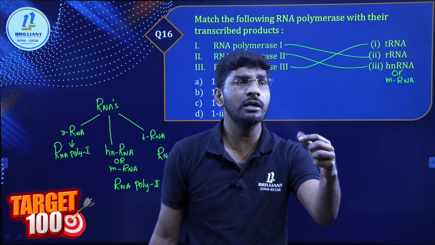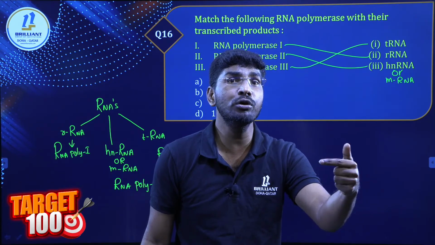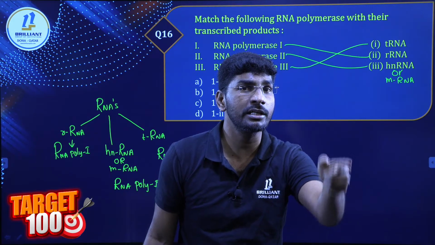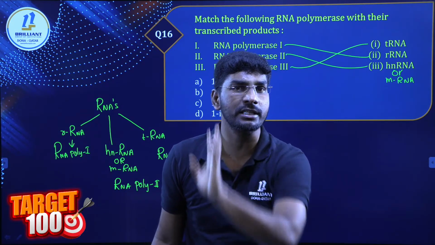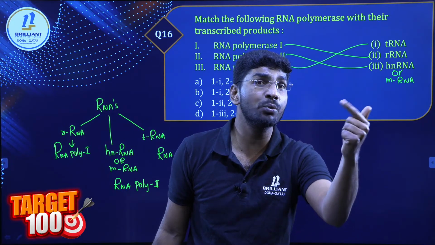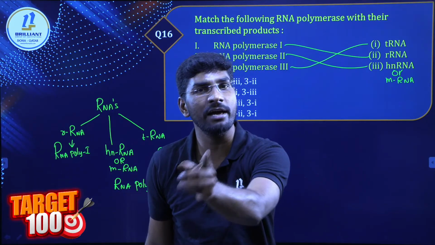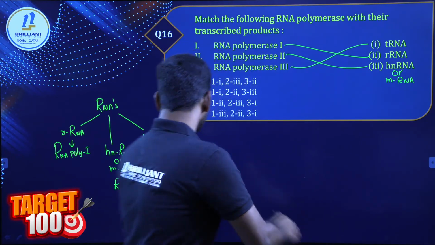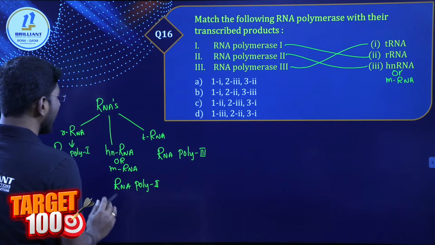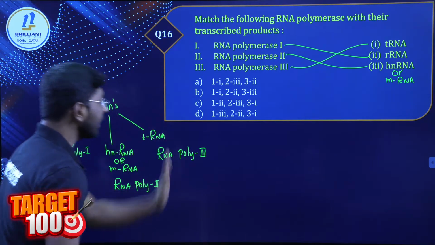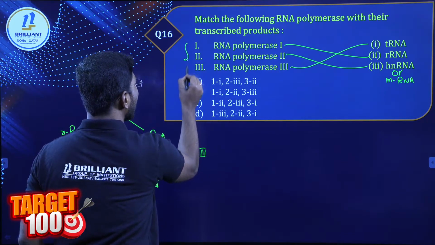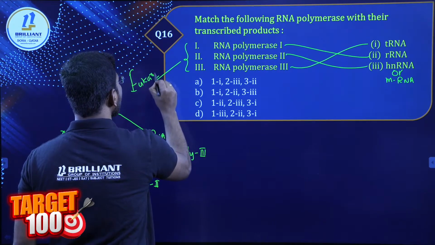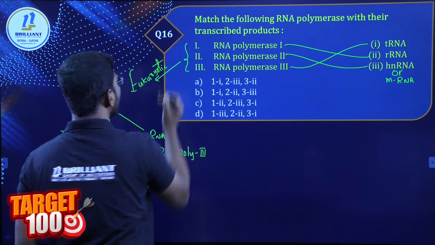Sometimes you will get a question like this: for example, if you remove RNA polymerase 2 enzyme in the nucleus, which of the following RNAs will be affected? If you remove RNA polymerase 1, which of the following RNAs will be affected? Remember one more important thing: these three different types of RNA polymerase enzymes exist exclusively in eukaryotic transcription only.